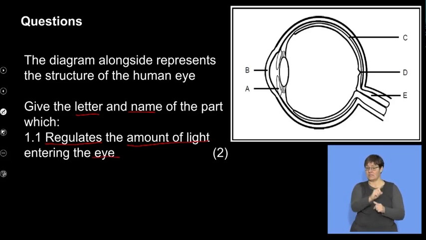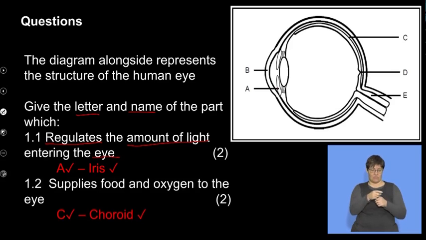The answer will be, let's look now. We're looking at A here, which is the iris. Then number 2 says the part that supplies food and oxygen to the eye. Then that would be C here because of the amount of blood vessels that is found on that. And we refer to it as the choroid.